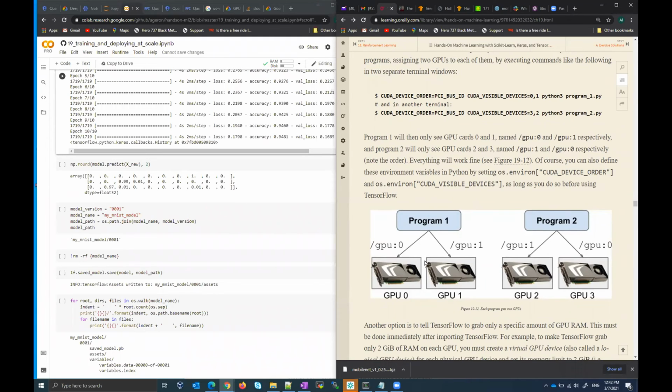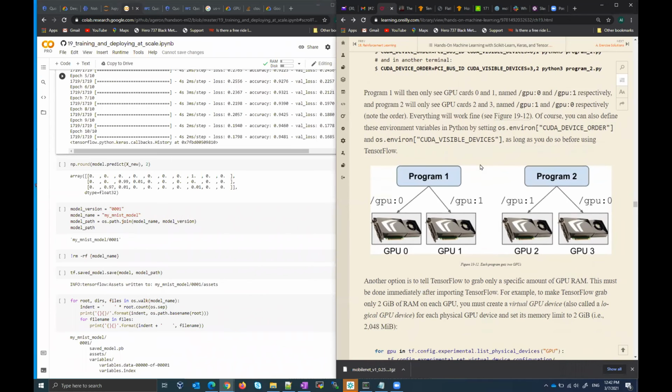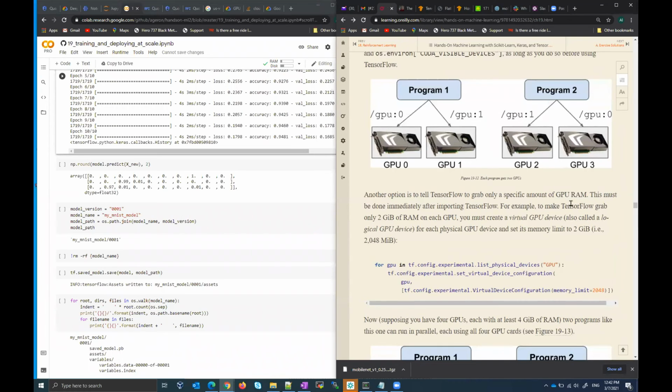This example has 4 GPUs, and 2 are reserved here for one program and 2 for the other. This is like separating by devices, right? And then you can also separate by RAM, right?